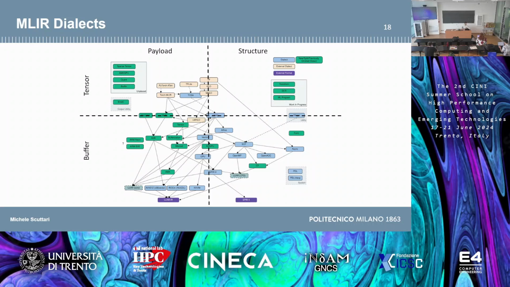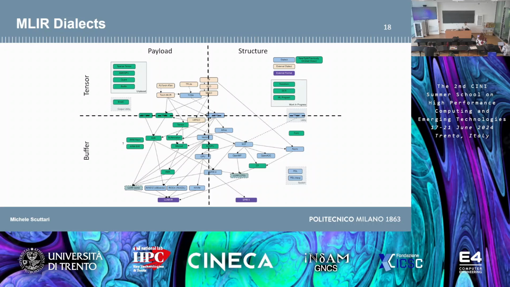Some other aspects that are worth mentioning about dialects is that there are some machine-specific dialects. Why? Because in many cases, machines provide some particular types of operation that can be optimized through dedicated idiom recognition.